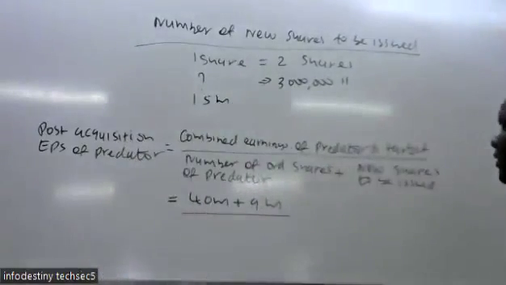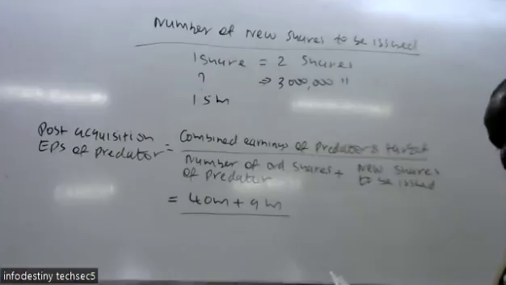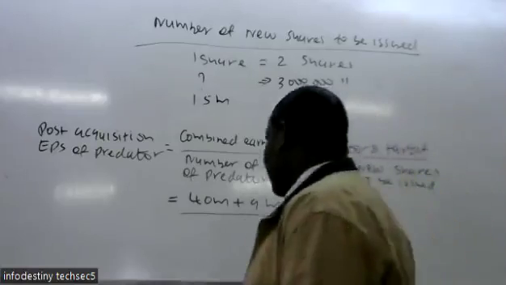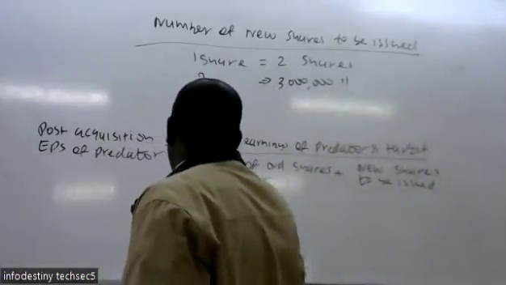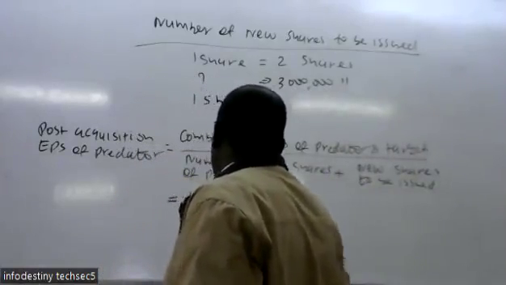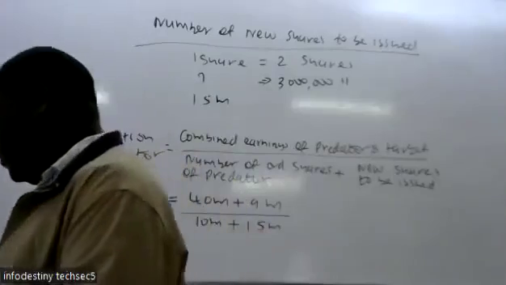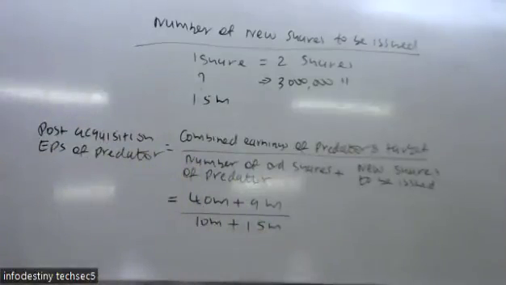So now we come down here. The existing number of ordinary shares for A Limited was 10 million, but now we are issuing 1.5 million shares.